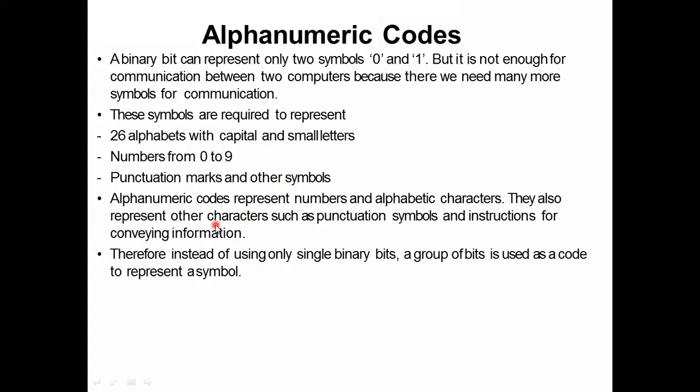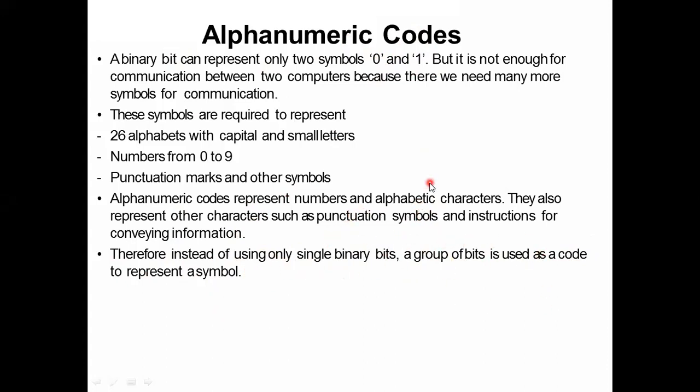How are those alphabets, numbers and symbols represented in the form of zeros and ones? Therefore, instead of using single binary bits, a group of bits is used as a code to represent a symbol.